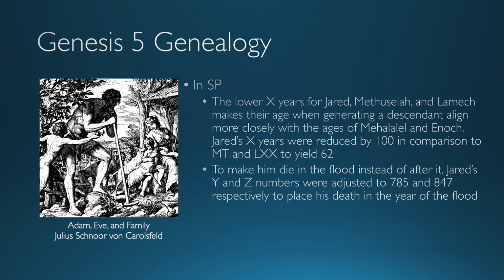Jared's X years were reduced by 100 in comparison to the Masoretic text to yield 62 instead of 162. And to make him die in the flood instead of after it, Jared's Y and Z numbers, the years he lived afterwards of generating a descendant and his total years, were adjusted to 785 and 847 respectively to place his death in the year of the flood.